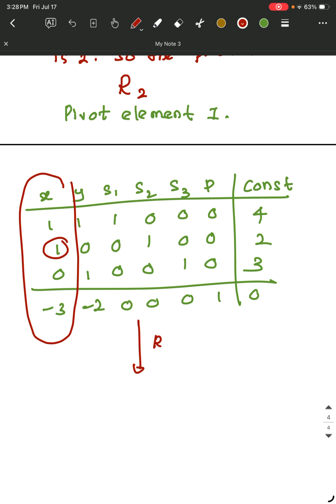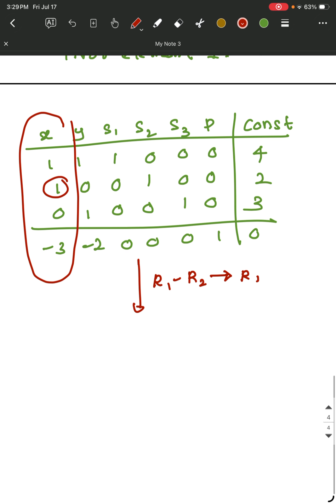So R1 minus R2 goes to R1. Also, to remove this -3, 3 times R2 plus R4 goes to R4. Two steps.